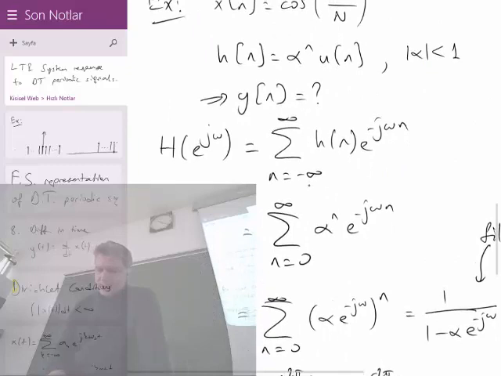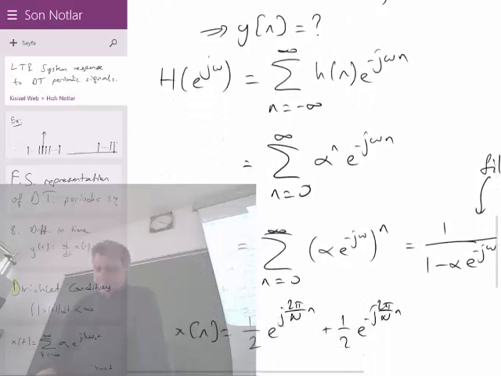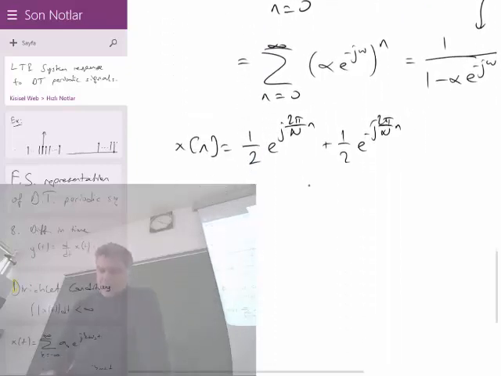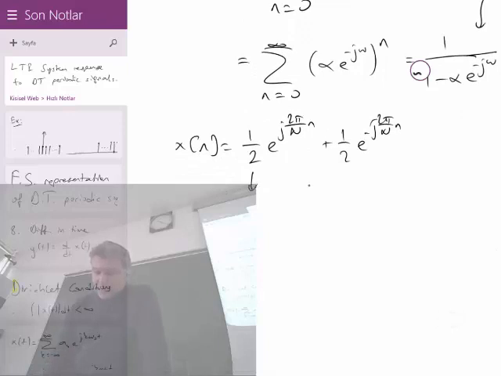It was a cosine 2 pi n over capital N. So this is A1, this is A minus 1, and omega 0 is 2 pi over capital N. These are the necessary things. You need to have AKs, omega 0, and h of e to the j omega, or h of omega.